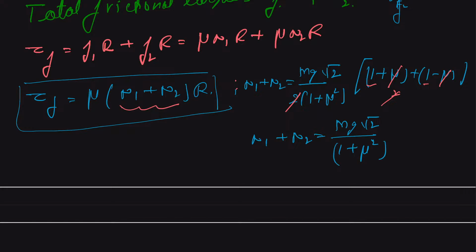Therefore our torque tau f will be mu mg square root of 2 times r over (1 plus mu square).